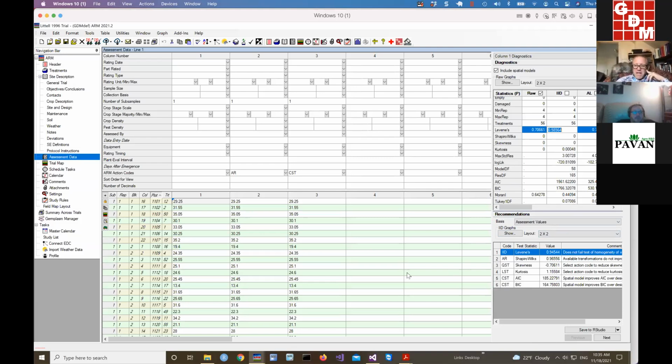So this is an example of where we have to be careful in how we lay out our blocks. And most of you who are using ARM are going to get blocking schemes that are not going to violate some of these assumptions. Okay. Although it is possible to execute a trial that doesn't capture the spatial heterogeneity, we can at least assume additivity of the replicates.